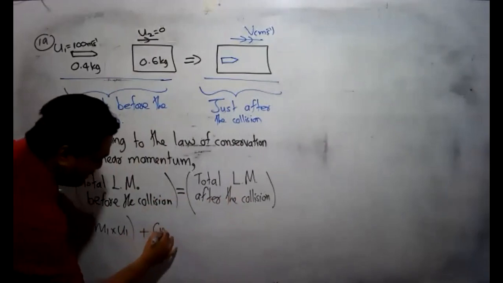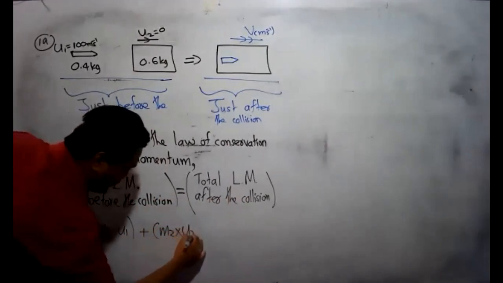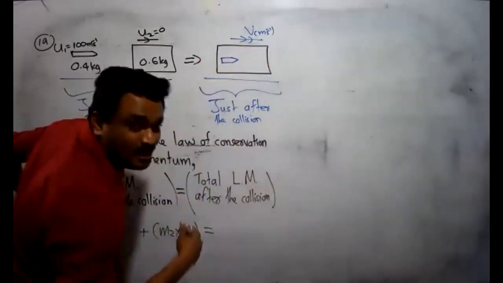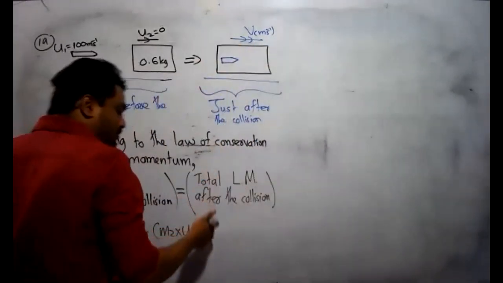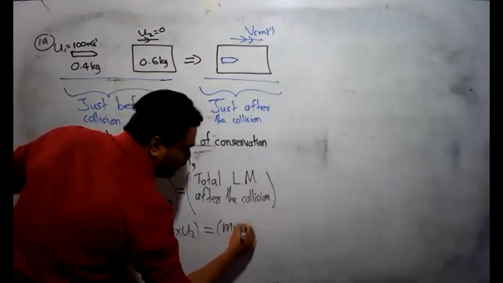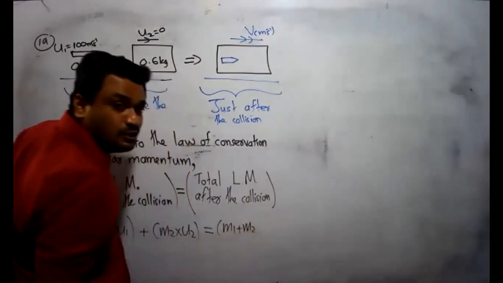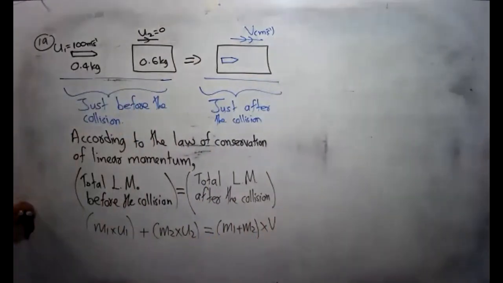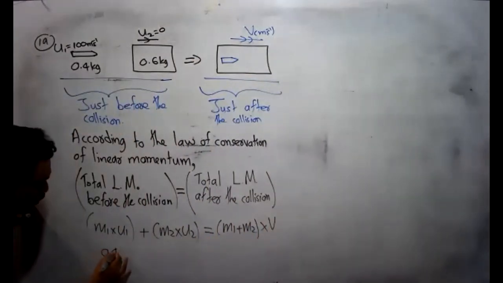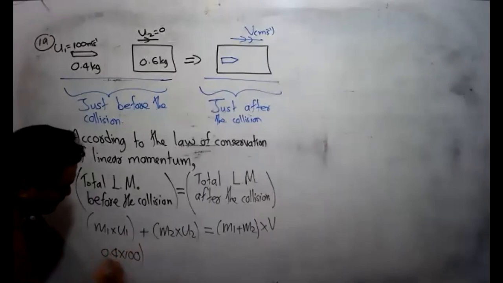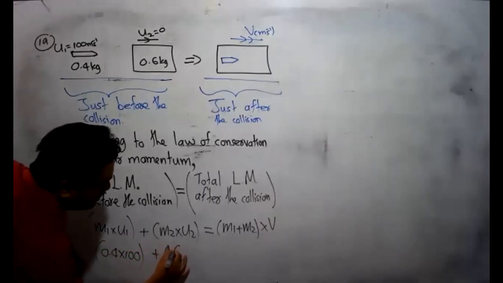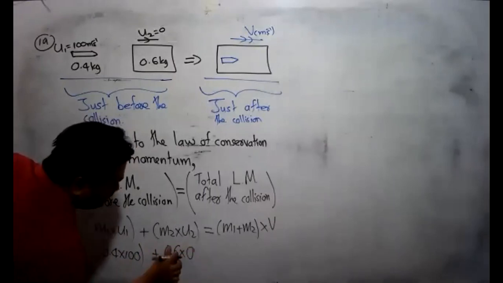Right. So m1 u1 plus m2 u2 equals, after the collision there are no two objects, there is only one object. The mass of that object is the combination of the two objects, m1 plus m2. The velocity is v. m1 is 0.4, u1 is 100. m2 is 0.6, u2 is 0.